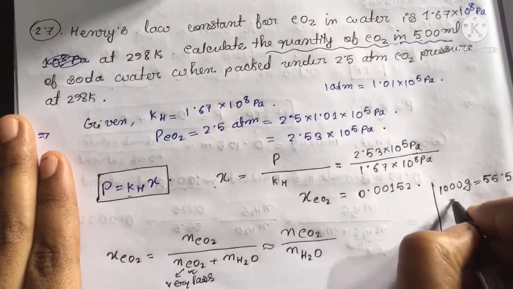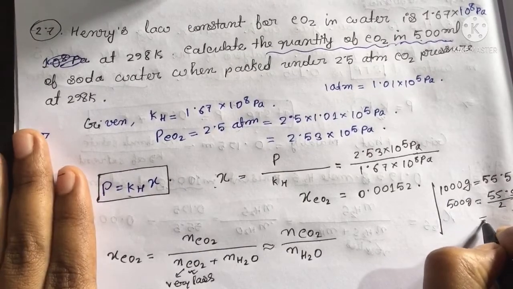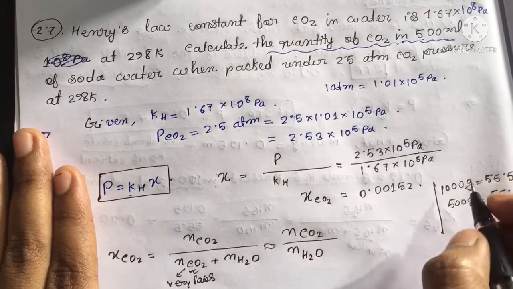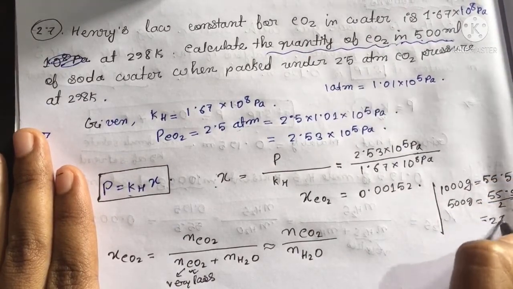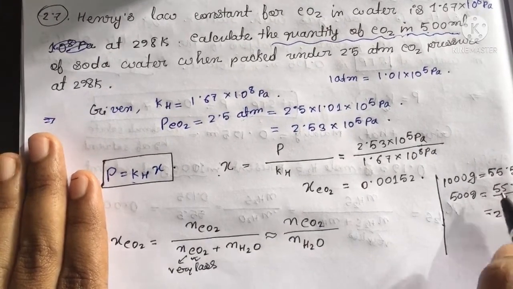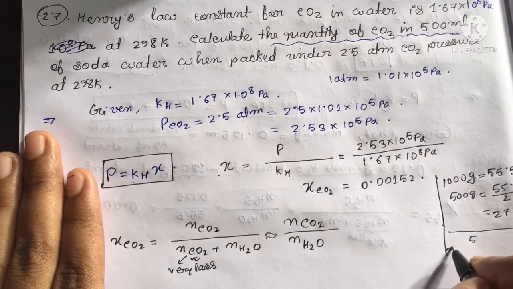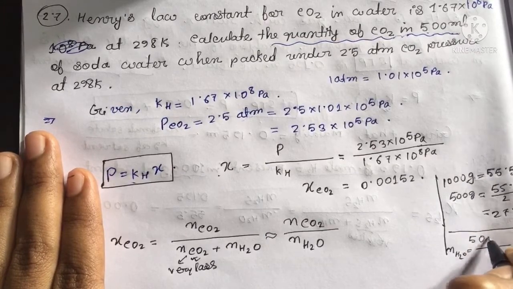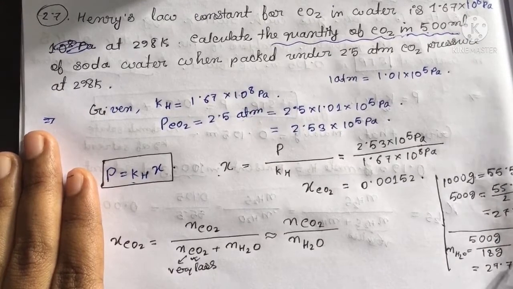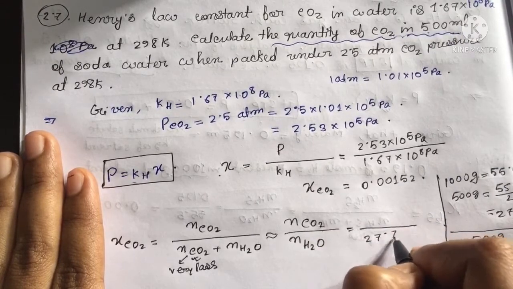So for 500 gram, we divide 55.5 by 2, and the value is around 27.7. If you don't want to calculate it this way, the given mass is 500 gram and the molar mass is 18 gram, and in this way you also get this value. So the moles of H2O is 27.7 mole.